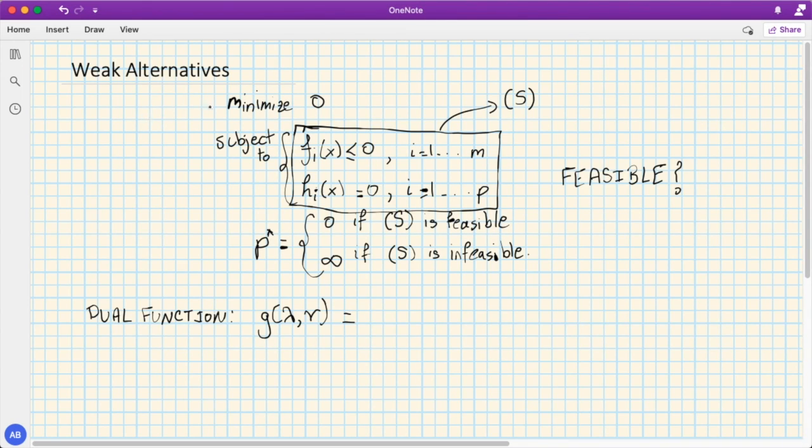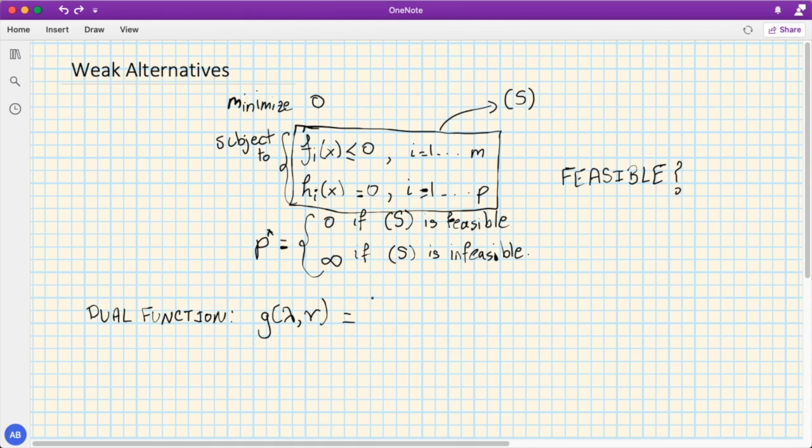With strong alternatives, we impose such a constraint so that the problem is convex, and then we arrive at something called the strong alternatives. But we'll leave that for the next lecture. It is out of the scope of this lecture. So for the moment, just keep in mind that my domains are non-empty. Keep that in mind.